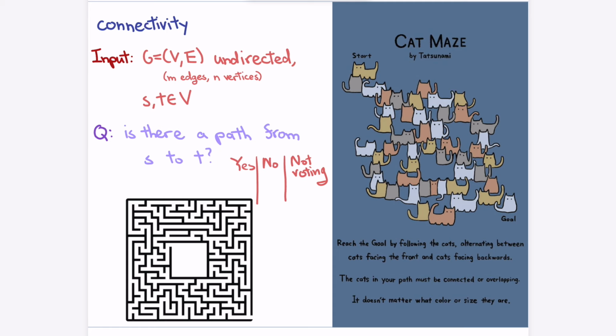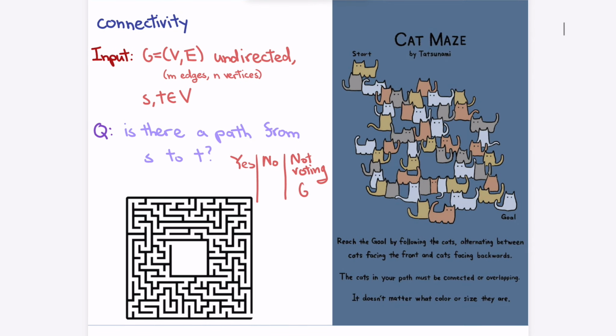Okay. So you can either say, yes, the starting cat can reach the end cat. Again, you're going from cat facing to not facing to facing to not facing. They have to be adjacent. Trying to get from start to goal. Okay, so we're going to take a vote. Who's not voting? Okay, 1, 2, 3, 4, 5, 6. I saw a lot of no's, so I'll do that first.